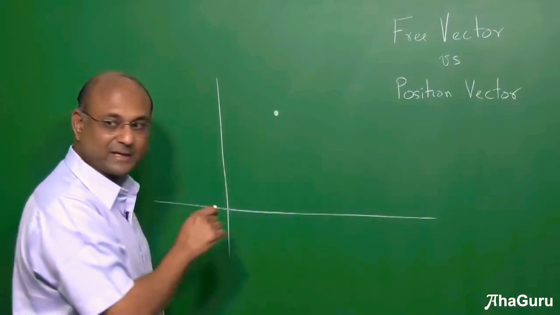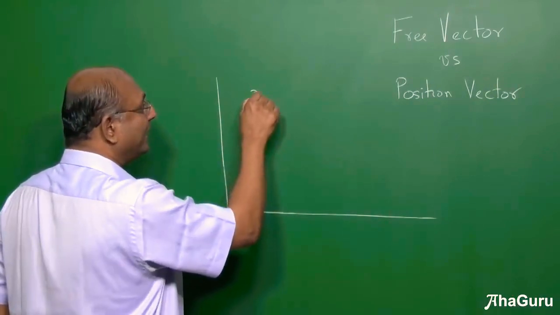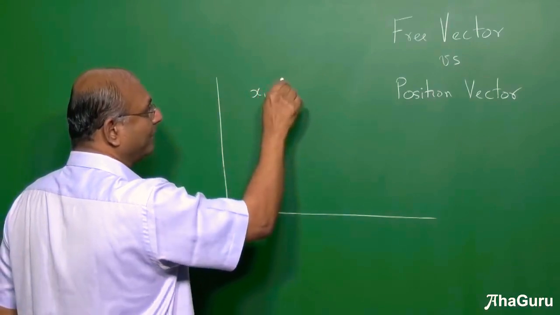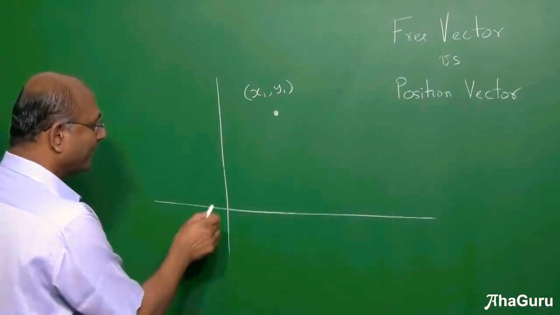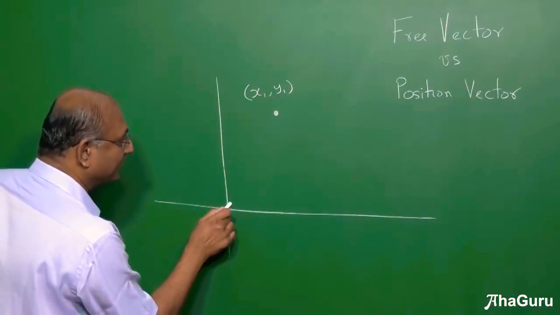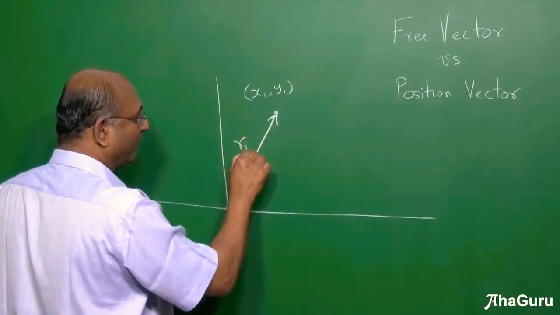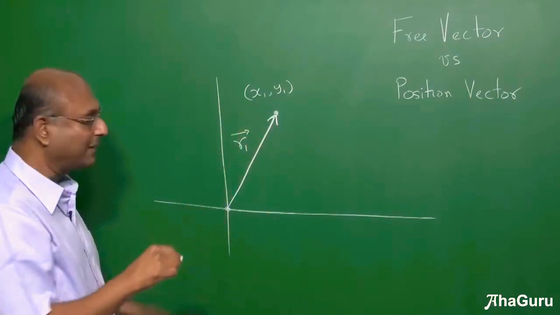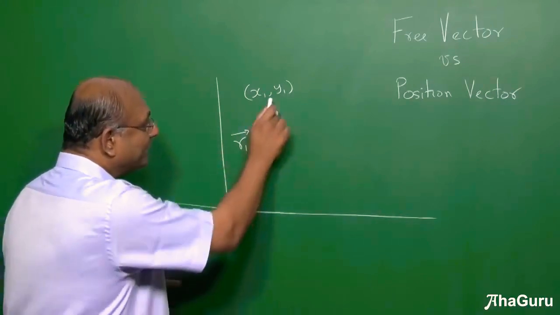Now we talk about position vector to talk about the position of an object. If I took this object here, I can say that this has a coordinate x1, y1. If I say that the starting point is the origin, I can draw this vector r1. Usually we use the symbol r to say position vector. r1, I am going to look at this arrow.